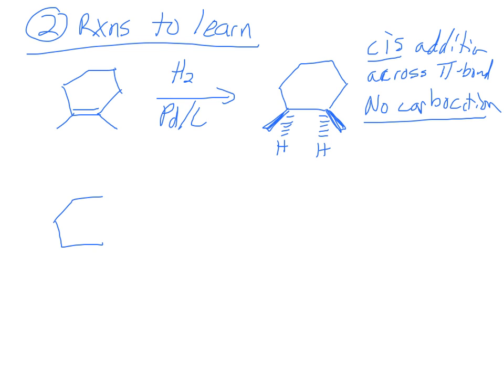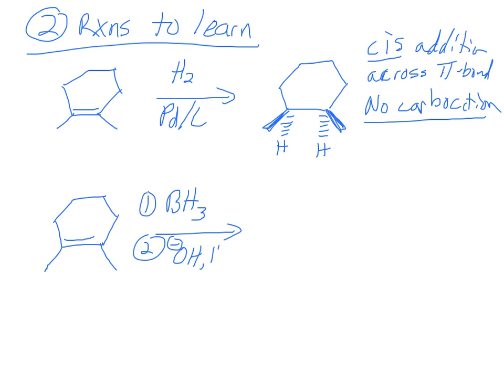The other one is somewhat similar. Gives you a little different product. So it would be BH3, and that's usually step 1, and then step 2 is OH minus or H2O2. Now the end result for this is also a cis addition.